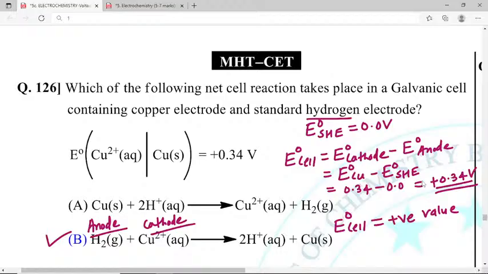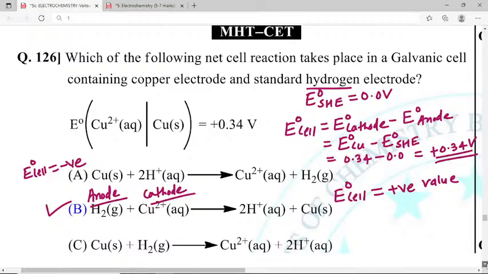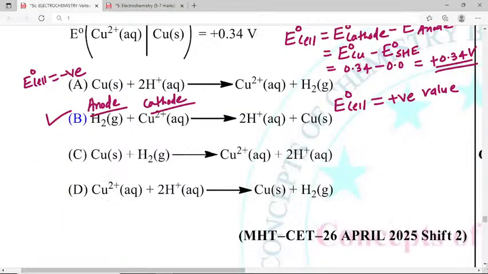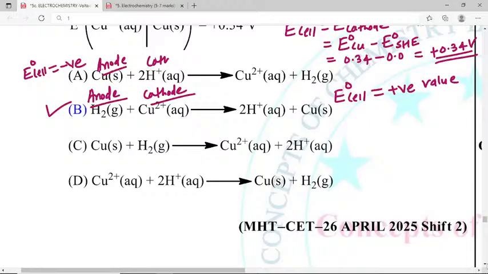And this is a negative value. E naught cell is equal to negative. Option A, negative. Option B, because this is the anode and this is the cathode.